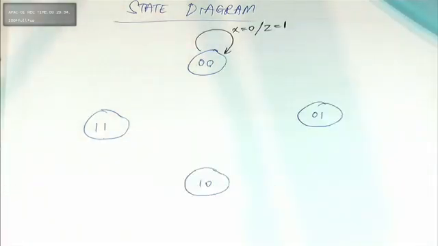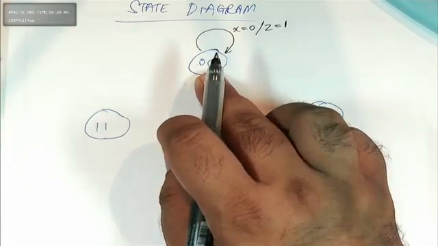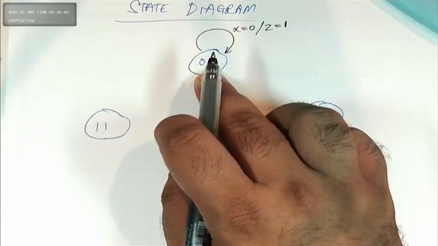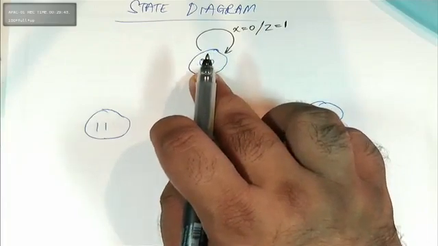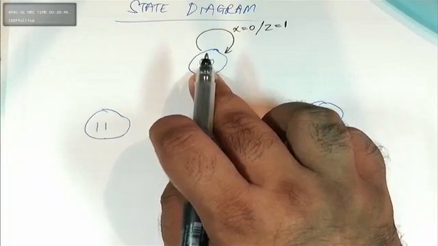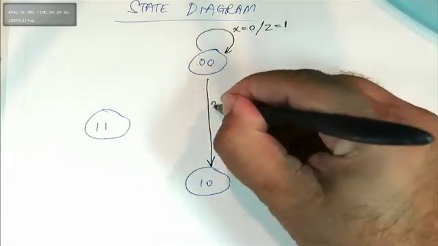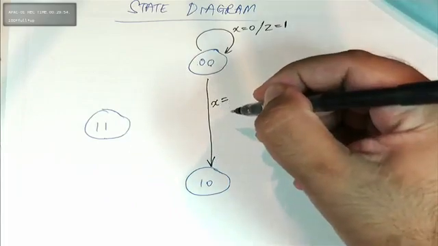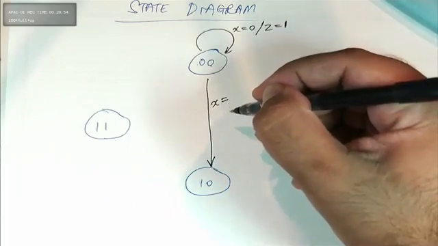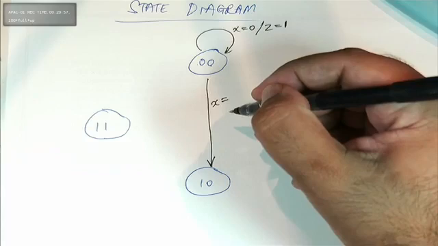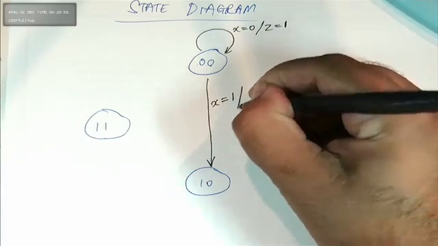All right, now let's look at the next line. Let's go line by line. 0, 0, we come here. You have to look at your state table, guys. 0, 0, it becomes 1, 0. X is equal to 1.